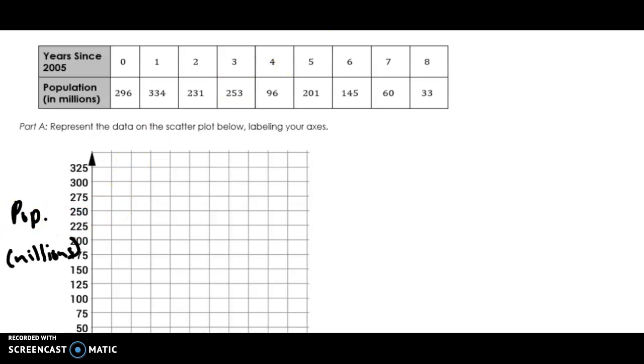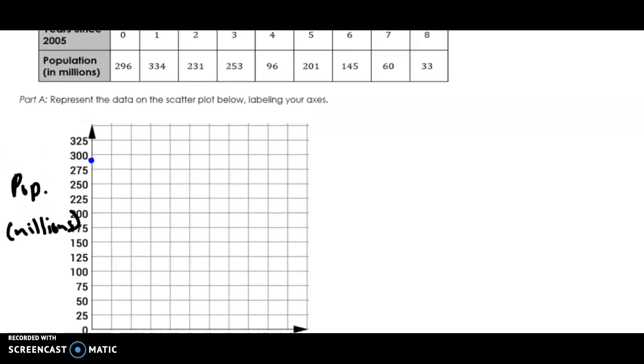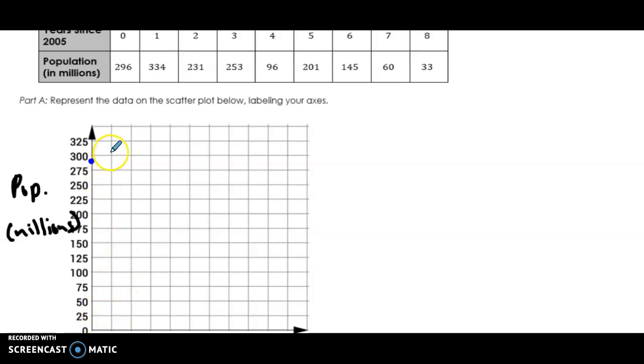So we're going to start with the first point, which is 0, 296. I'll do it in blue. So in year 0, that's year 2005, there are 296 million monarch butterflies. That goes right here. And then we've got 334. So in 2006, there was 334 million.